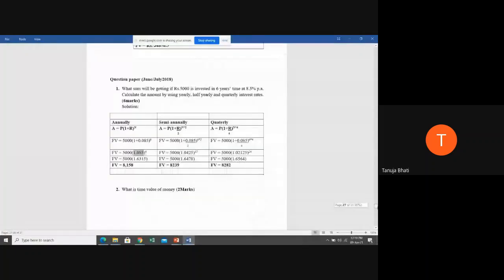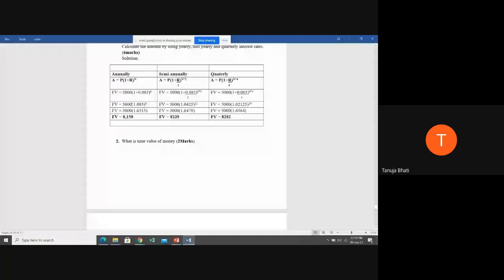We can't use the table because it is in decimal. Very good. So simply use your scientific calculator or simple calculator. You get the answer as 1.6315. When you multiply this, you get the future value as 8,185.